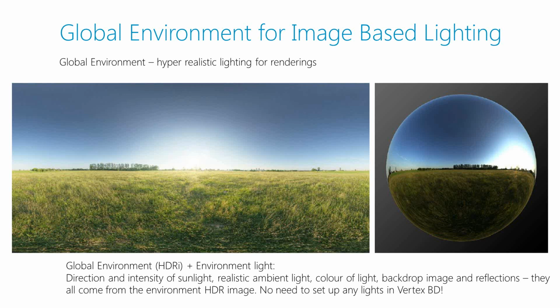Typically it comes with ground and sky in it, and this image is then wrapped around the model like on the right side image, and the image itself contains all the information needed to create highly realistic lighting conditions in your projects. So you don't have to set up any lights in Vertex PD. You only use this global environment image to create the lighting.